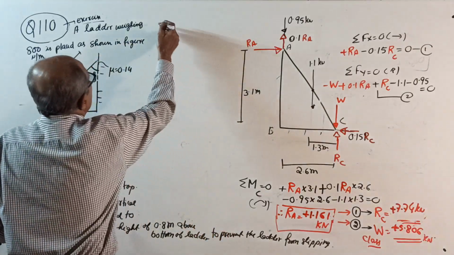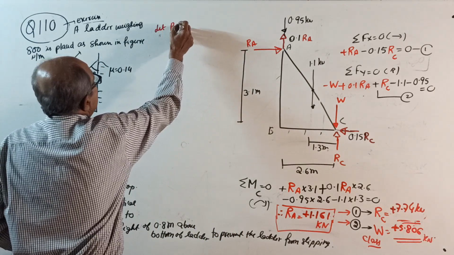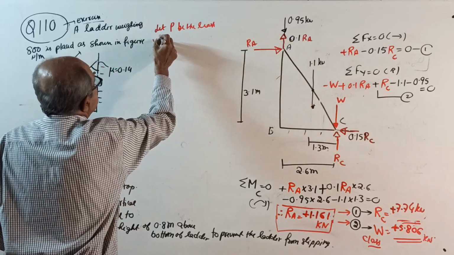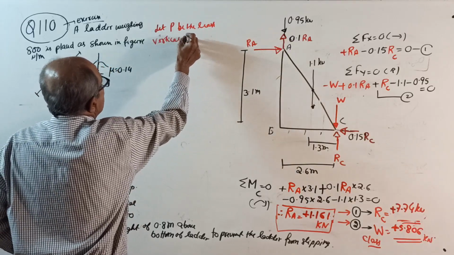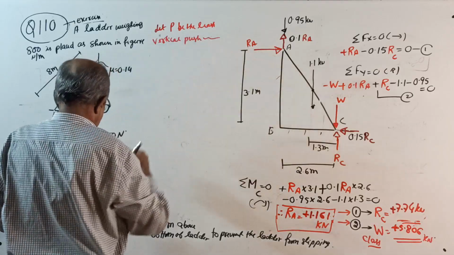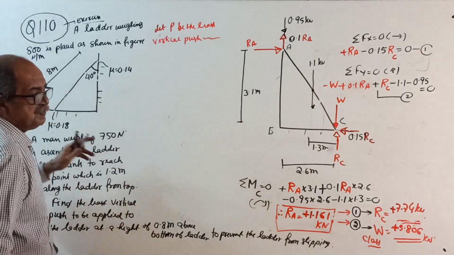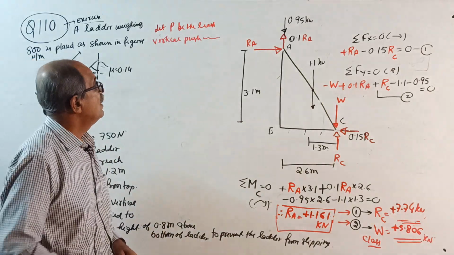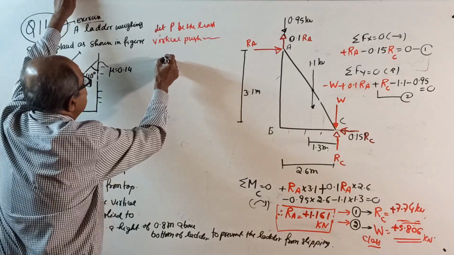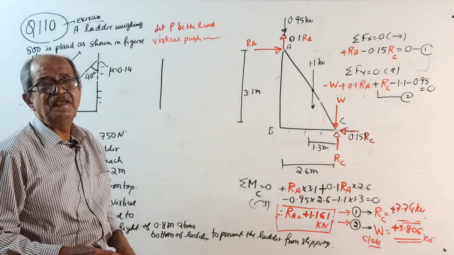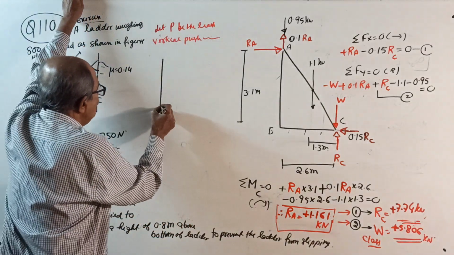Let P be the least vertical push to be applied to the ladder at the given height to prevent the ladder from slipping. Before that, least P means the ladder is on the verge of slipping. That all you know.